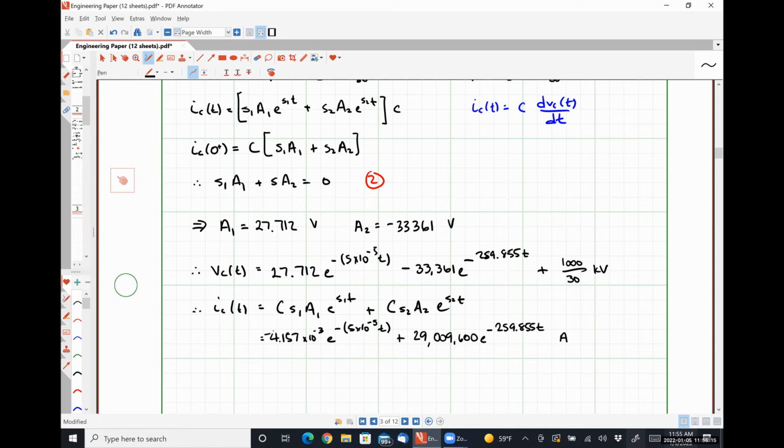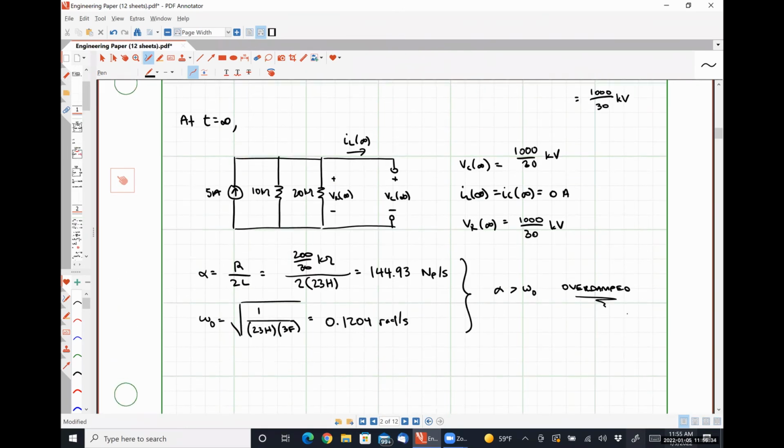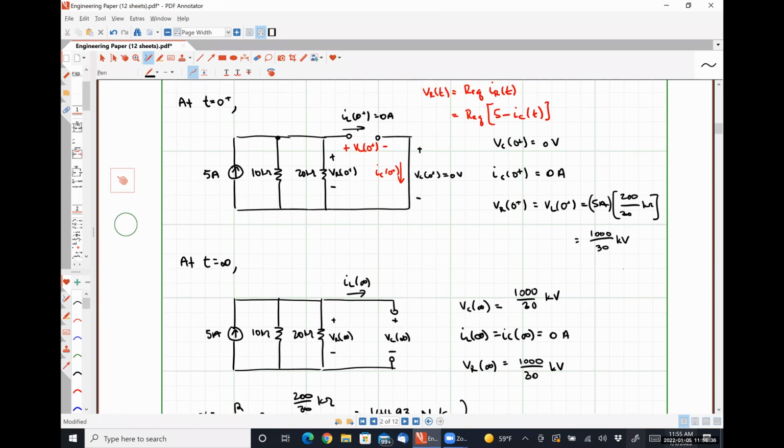So at T equal to 0, this capacitor current, if I'm not mistaken, let's scroll up here. So at T equal to 0 plus, our capacitor current was 0. So we have a bit of a problem.